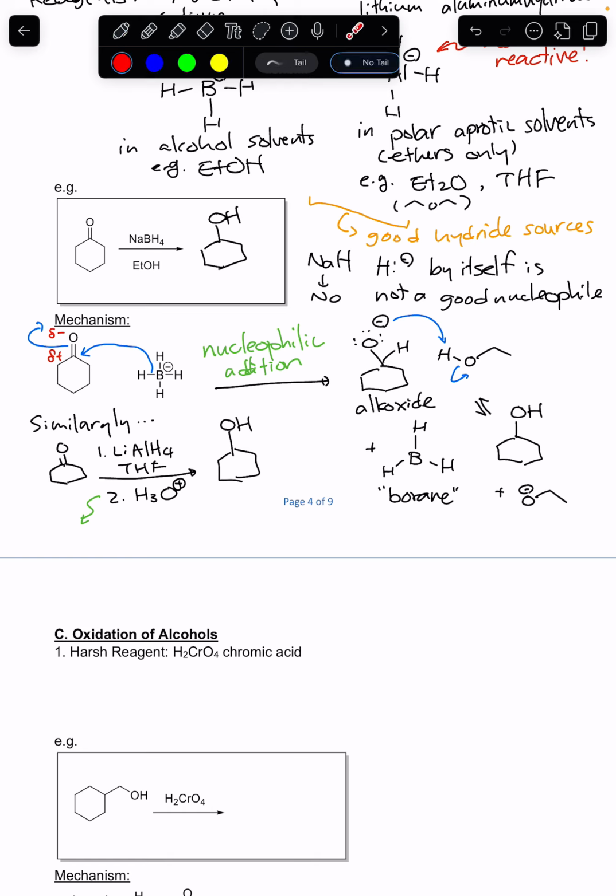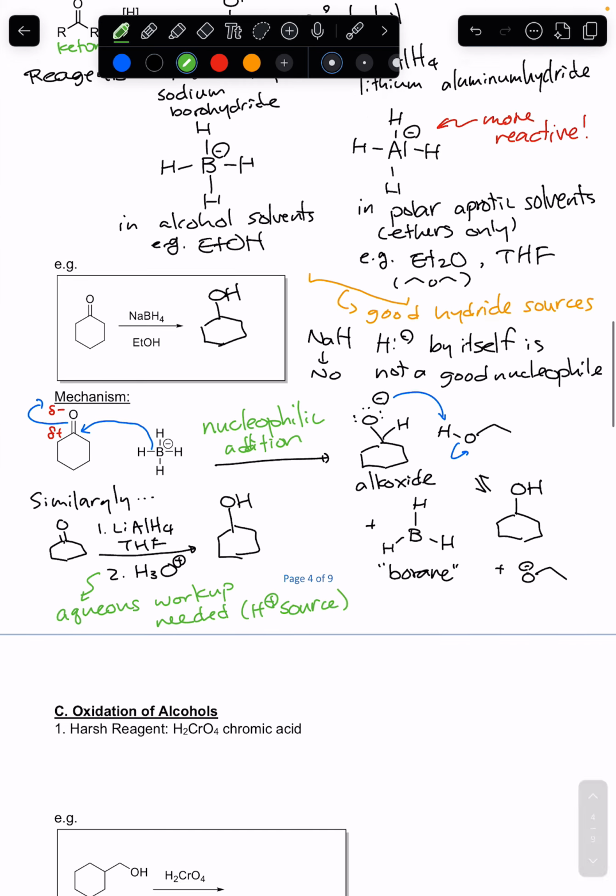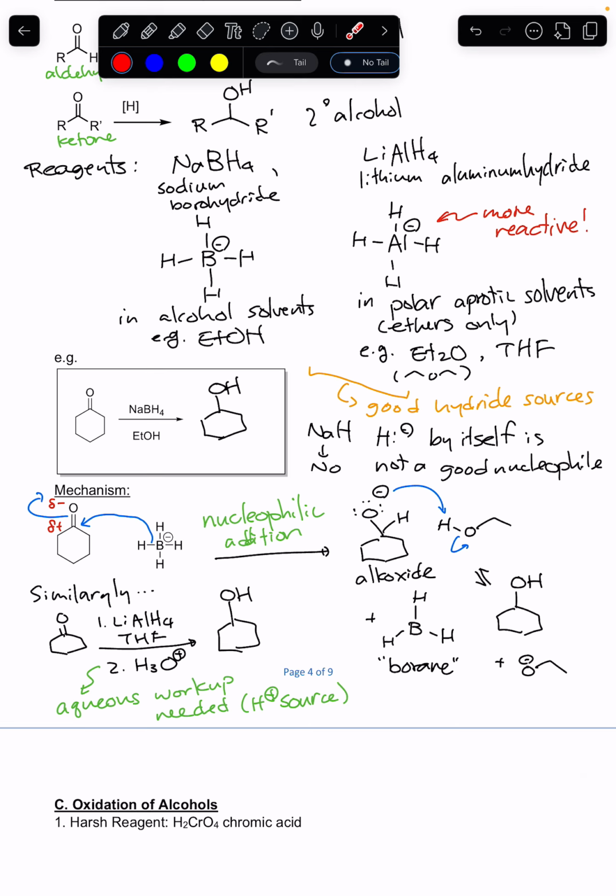You don't want to do that at the beginning because water would react with aluminum hydride and explode. We often say aqueous workup is needed to quench the negative ion. In this case, it's just a proton source to get to the alcohol from the alkoxide. So you should practice drawing the mechanism for this as well.